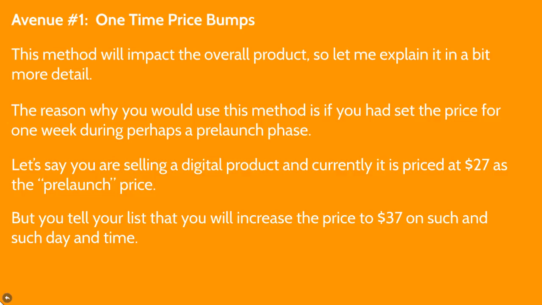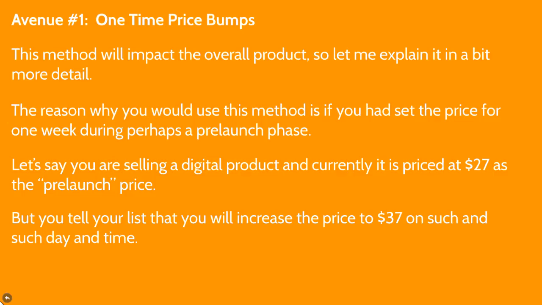Now, typically back in the day, you would have to wait till that exact moment and you would have to increase the price. Now with jvzoo.com, you can actually set it to automatically increase the whole price for that particular product, which makes life easier, especially if you're away and you're on vacation, or even if you're running errands or something.